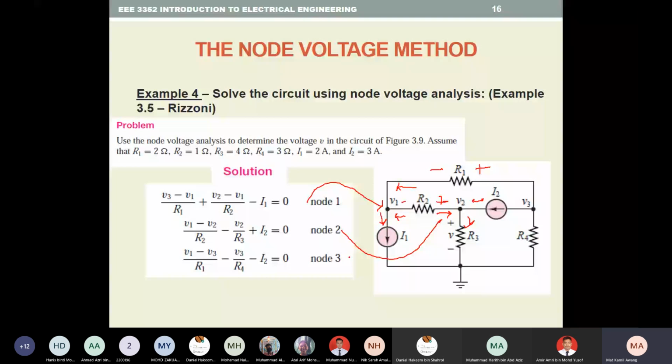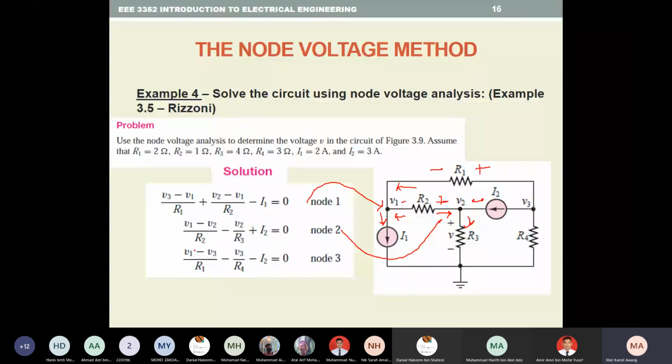I can also use the original convention that we used, where currents are originally going out. You can also do that. It's no problem. I prefer to stick to my convention instead of changing for each node, but since this textbook uses this, I follow the textbook.